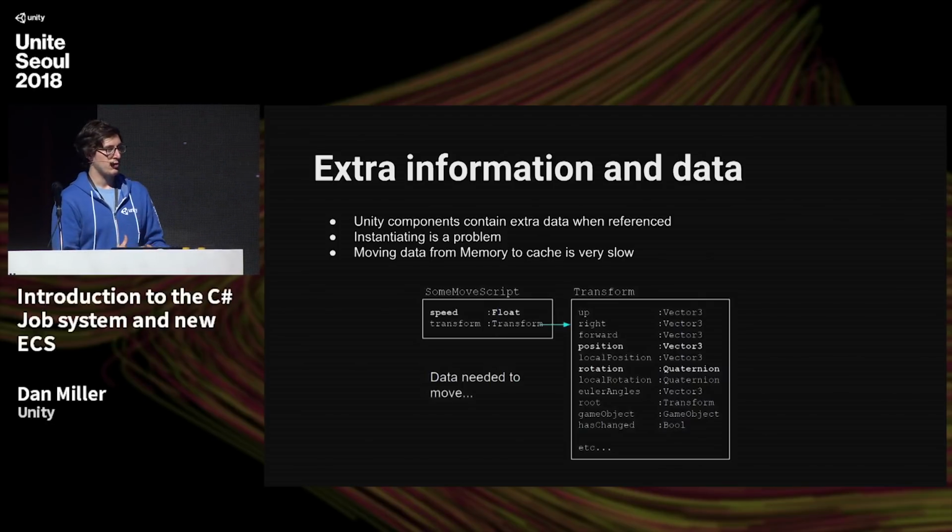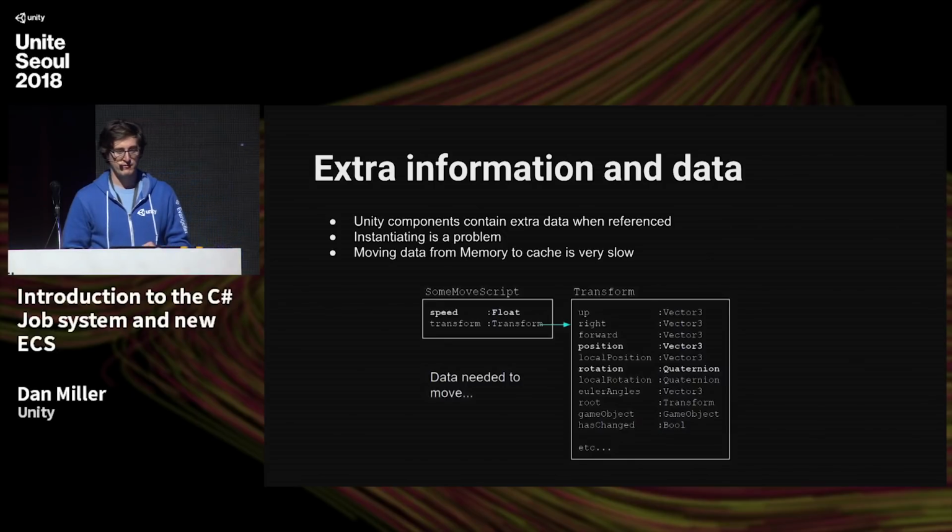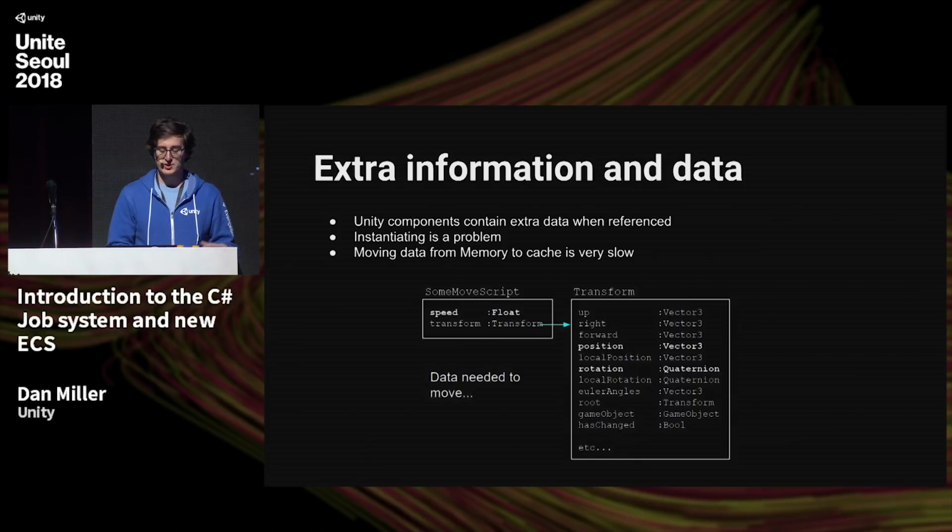But the object-oriented approach to game objects and mono behaviors that we have inside of Unity means that when we reference that transform, we also get a lot of additional data. You can see we have in each transform things like an up vector, a right vector, a forward, local position, as well as local rotation. And a lot of this extra data comes with you when you're referencing these types.